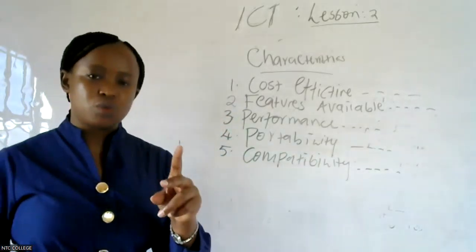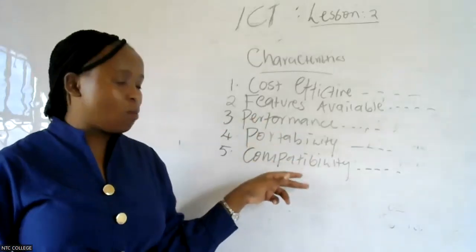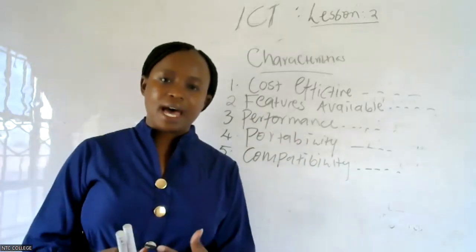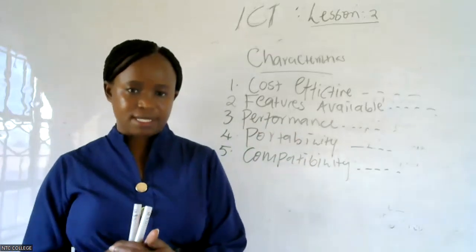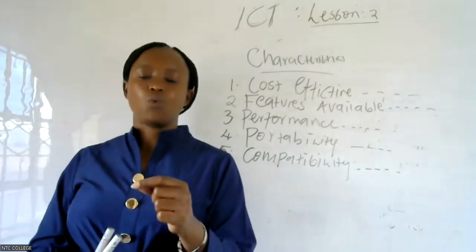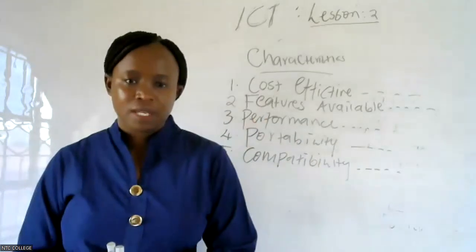And another key and second compatibility. It must also come together and work with the other existing softwares. I've used the words come together and work with other existing softwares within your system.